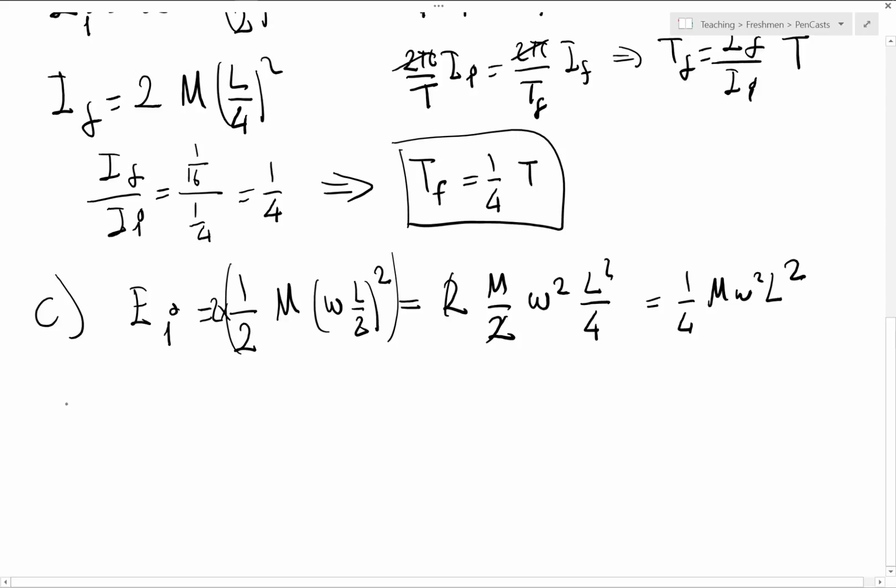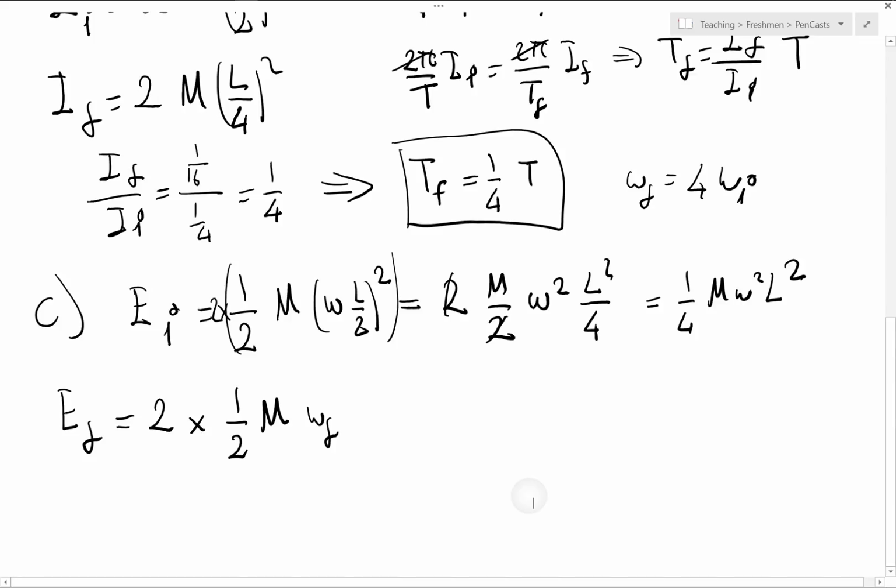Good. How about the final energy? I have two ships, both of them have 1/2 m. Now I need not the initial omega, but the final omega. Omega final is 4 times omega initial, right?